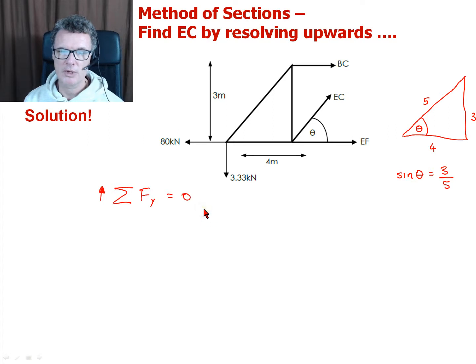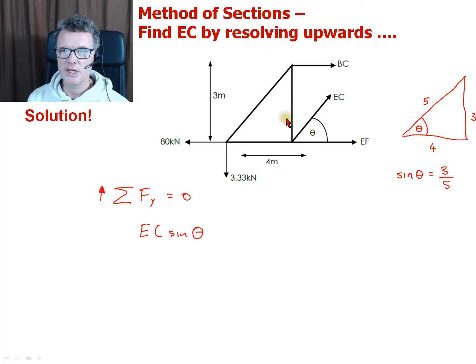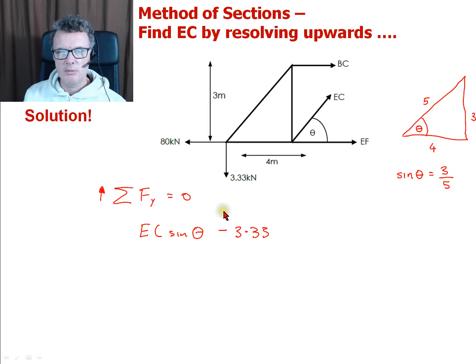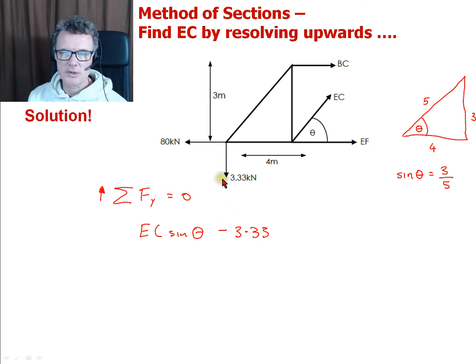Going to sum up in the y direction. The first one we're going to have is EC times sine theta to make it point upwards. It's not swinging through its own angle. What else can I see pointing upwards? Well, I've got the 3.33 pointing downwards, so that would be a minus 3.33.